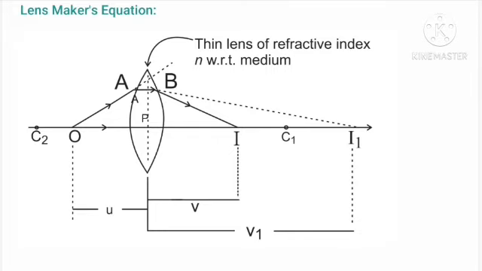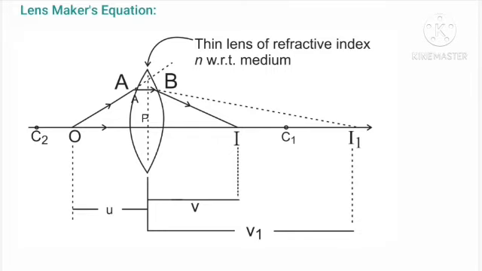When this object faces the front surface of the lens, the ray emitted from point O will travel along the principal axis undeviated. The ray traveling through pole P will travel undeviated, but the paraxial ray traveling towards point A at the front surface, the ray OA, will deviate towards the normal.